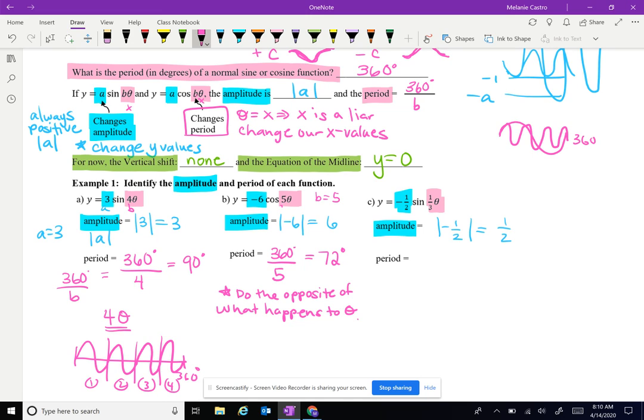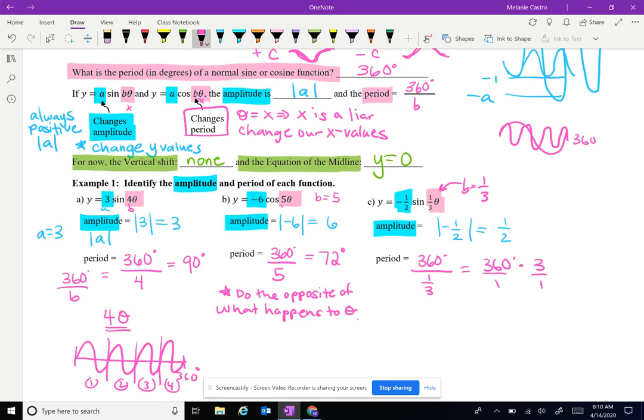On the next one, B is 1/3. So here we're multiplying by 1/3, or dividing by 3, so we would do the opposite. 360 divided by 1/3. If we think about fractions, that's the same as multiplying by its reciprocal.